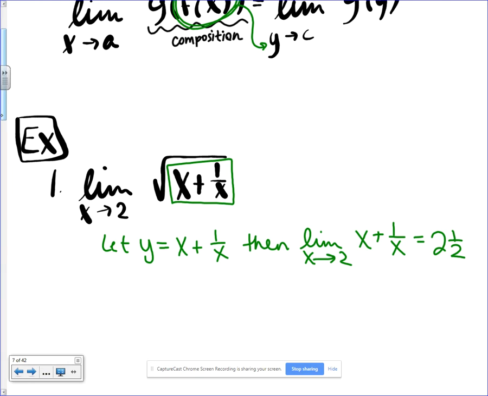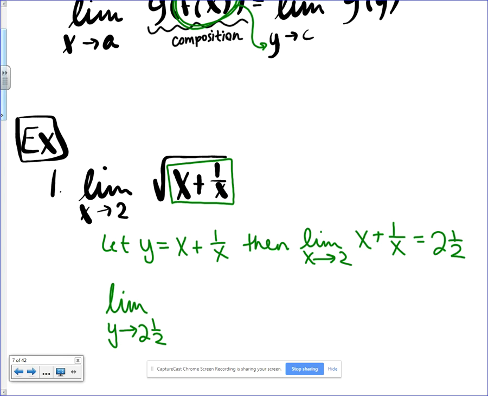So here's where the substitution comes in. Okay. By the substitution rule, then, we are going to say the limit of what we just got as x approaches 2 1/2. Actually, this is no longer going to be x. This is now going to be y, because didn't I say let y equal this? Everybody see that? So now I have as y approaches that.